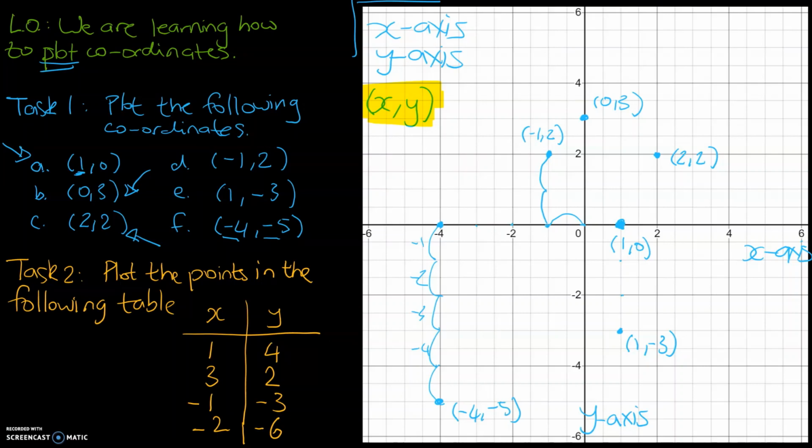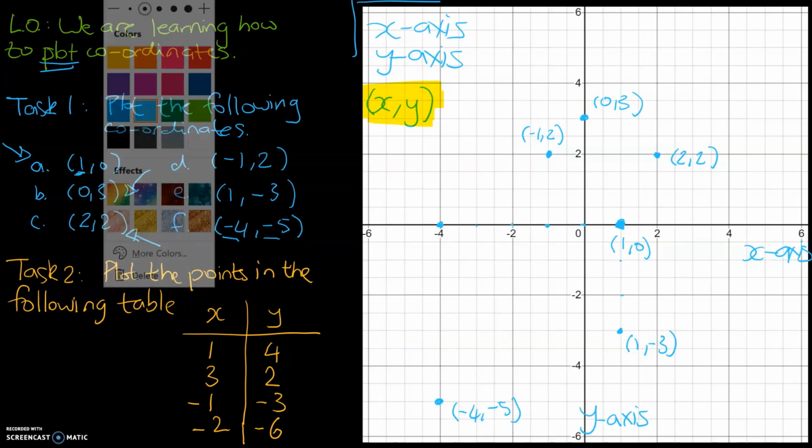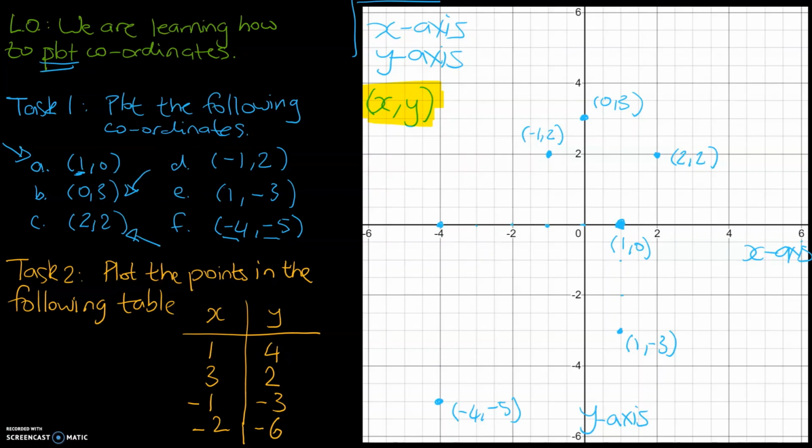What I'm quickly going to do now is that we've finished task 1, I'm just going to rub out some of our workings to make the second task a bit easier to see. And I'm going to change my pen to yellow as well. So our next task, task 2, plot the points from the following table.